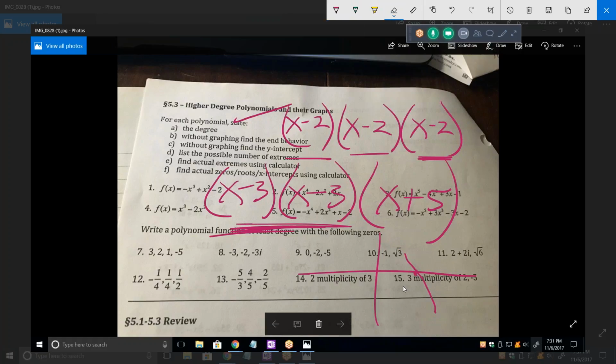In other words, if my zero is at 3, then it's going to come down, and instead of going through, it's going to bounce back up. And then it'll go through at -5 because that is single multiplicity. So whenever multiplicity is odd, it passes through the x-axis. And whenever multiplicity is even, whether it's 2, 4, 6, or 8, it bounces off the x-axis.